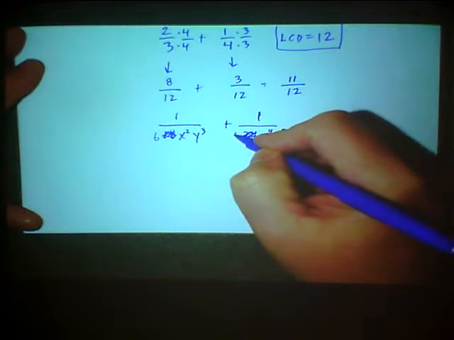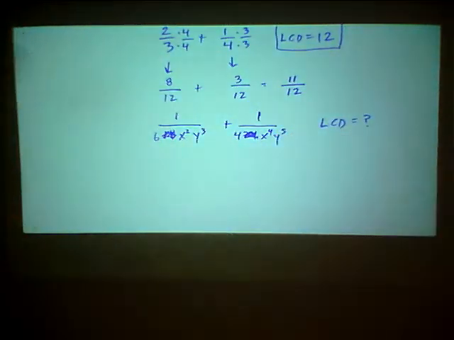The whole key is just to show you the method. So I'm just going to change it to 6x squared y cubed and 4x squared y to the fifth. All right. So I'm changing it on the fly because I'm trying to teach you the principle. I don't want you to get hung up on having numbers that may be a little bit more difficult.